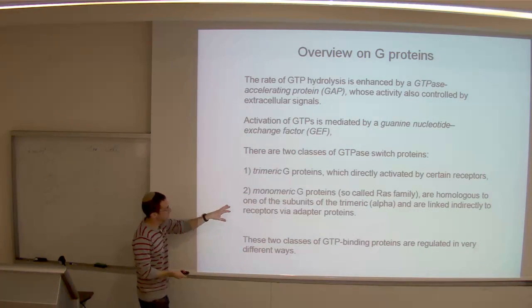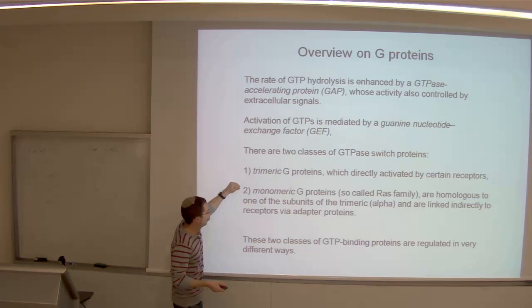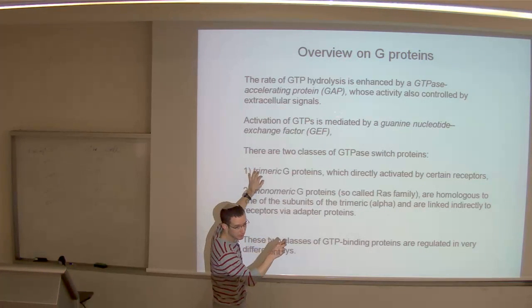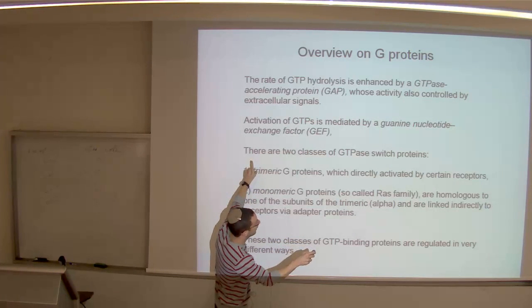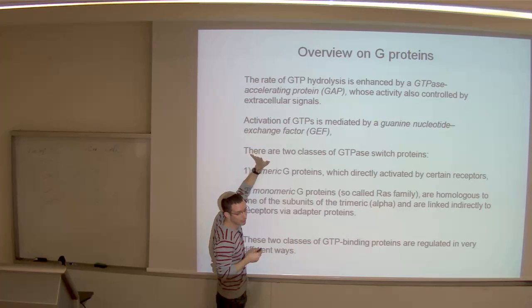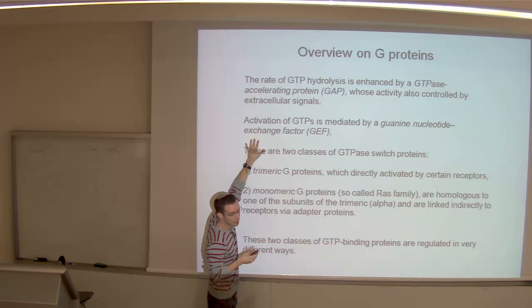Okay, so as I mentioned, there's a monomeric version for G proteins and a trimeric one. As its name implies, GEF is a guanosine nucleotide exchange factor. It determines how fast the nucleotide will be exchanged in its binding site on G-alpha.